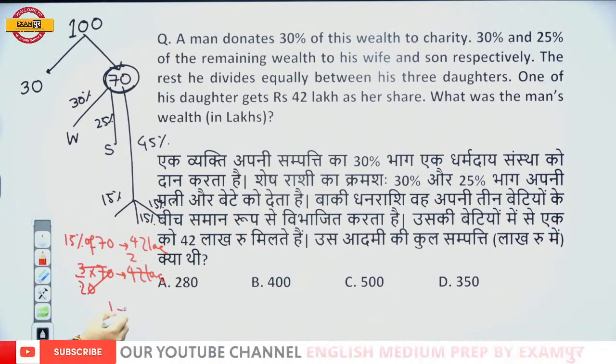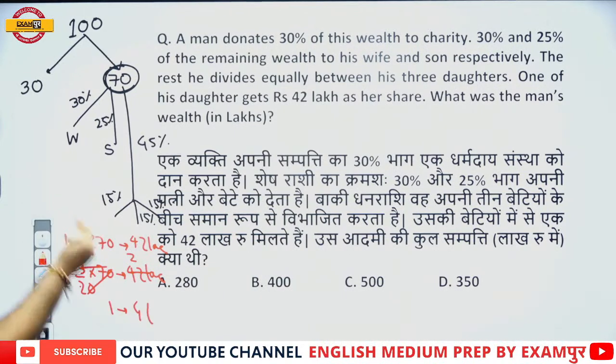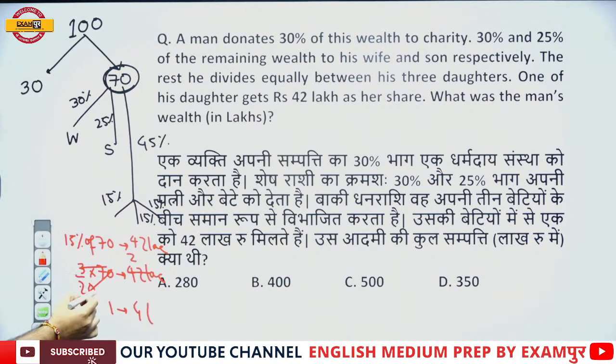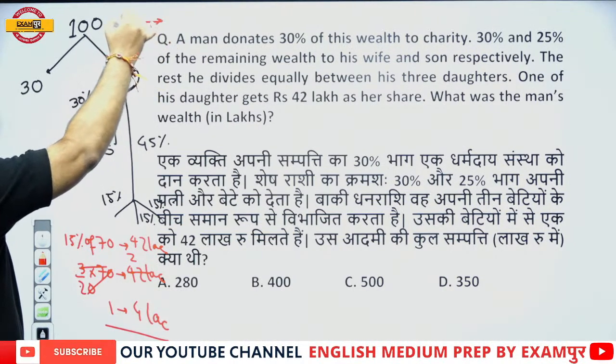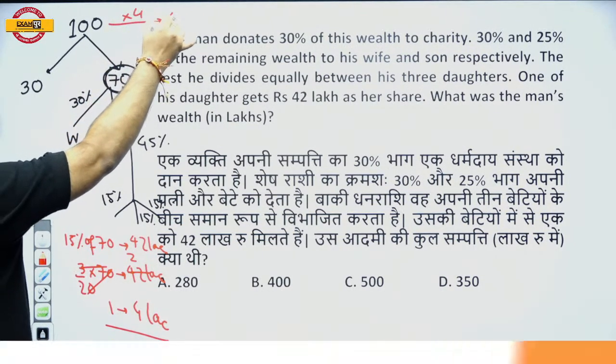So 1 is equal to 4 lakh. So total wealth is 100 into 4, which is 400 lakh.